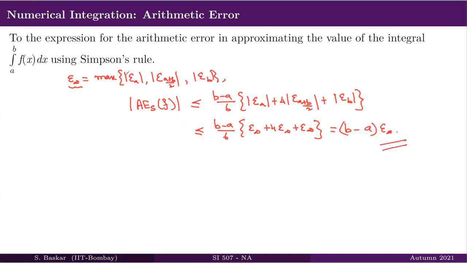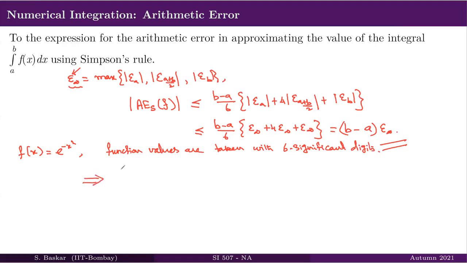Sometimes we may not give exactly what this epsilon infinity is, but indirectly we will give an upper bound for epsilon infinity. How? Suppose I give you, say, f of x equals e to the power of minus x square, and say that the function values are taken with, say, 6 significant digits. What does it mean? It means mod (f of a minus f̃a) divided by mod f of a is less than or equal to, if you recall from our previous chapter on errors, 1 by 2 times 10 to the power of minus 5, right?